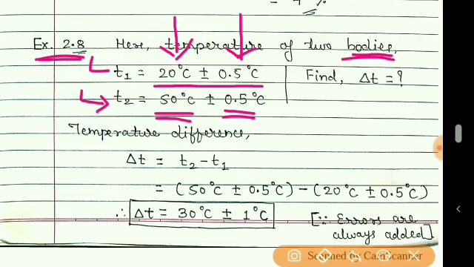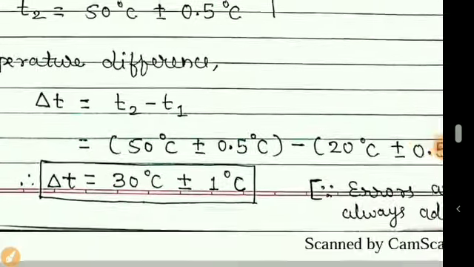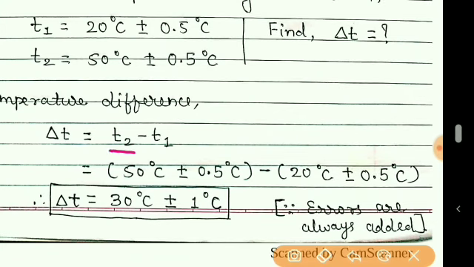Here we want to find the difference in the measured temperature of the two bodies. When we take the difference, we take the higher value minus the lower value. The larger value of temperature is 50 degrees Celsius, and the other is 20 degrees Celsius. So T2 minus T1, where T2 is this and T1 is this.